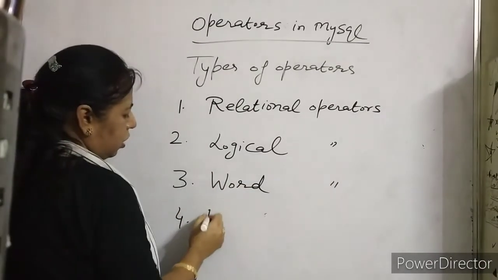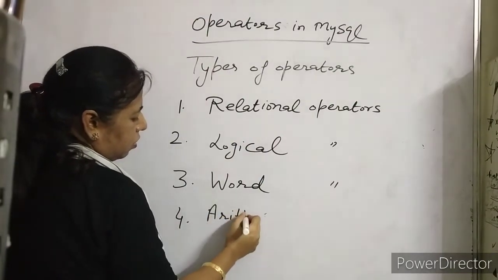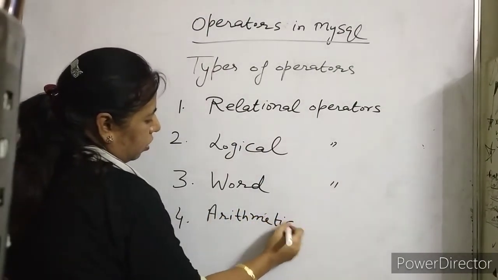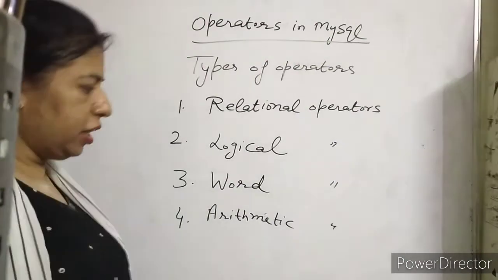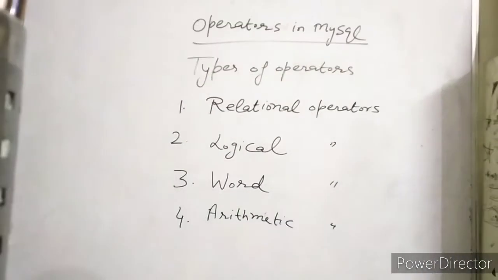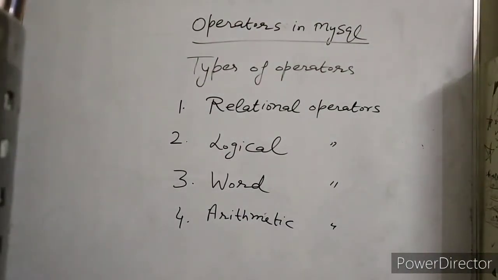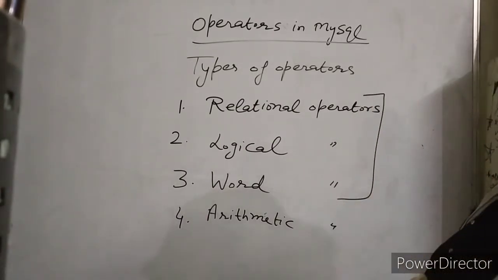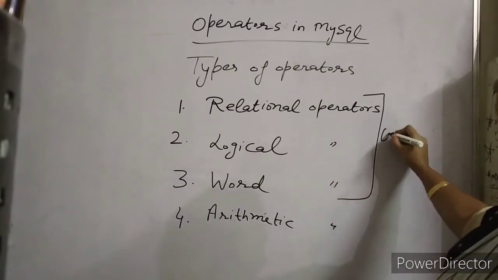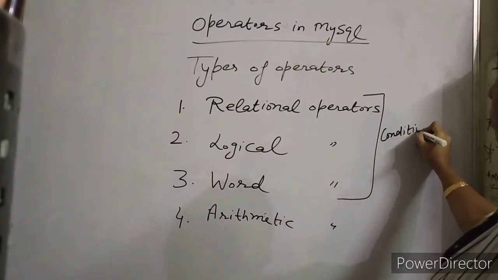Fourth is arithmetic operators. Write down the names of the categories: relational operators, logical operators, word operators, and arithmetic operators. Clear? These three operators are my conditional operators.